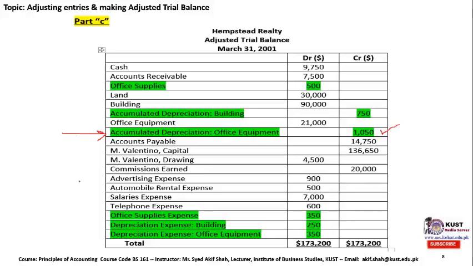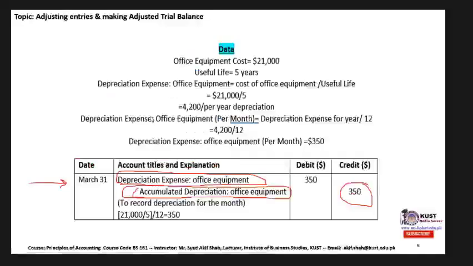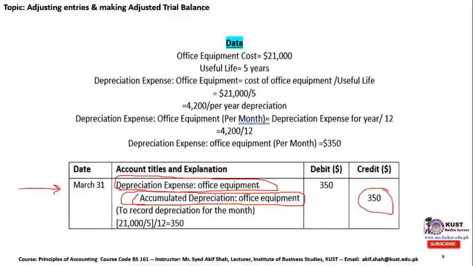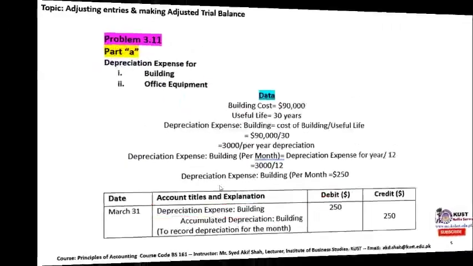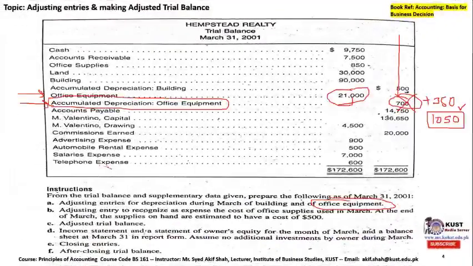For the remaining accounts, we have to go back. Rather than discuss the other accounts, we have an additional entry against the office equipment with the name of depreciation expense office equipment. So we have to go back to our trial balance and figure out if there is any expense related title with the name of depreciation expense office equipment. After analyzing, we have noticed that there is no account title available.